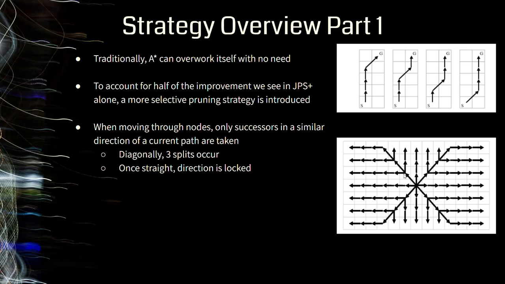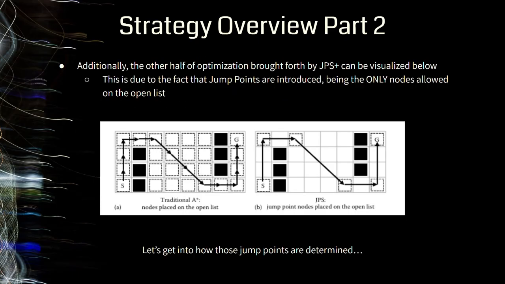Once a cardinal direction is taken, that is locked in. Additionally, the other half of the optimization brought forth by Jump Point Search Plus is visualized in the graphs below. As you can see in this comparison, about a third of nodes are added onto the open list as compared to what A star would be doing.